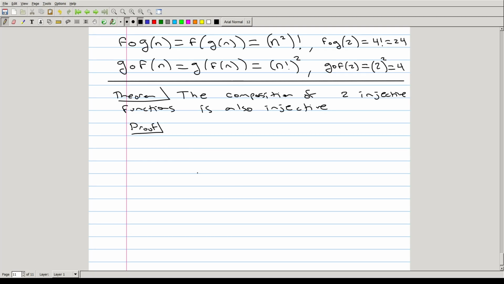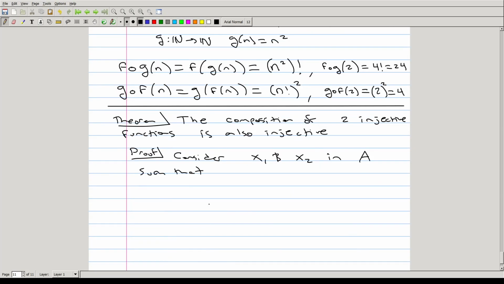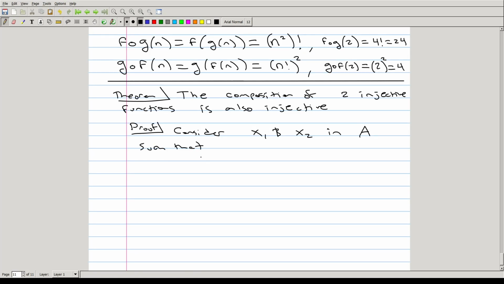This can be proved directly, so we consider x1 and x2 in the domain set A such that g composed with f of x1 is equal to g composed with f of x2.